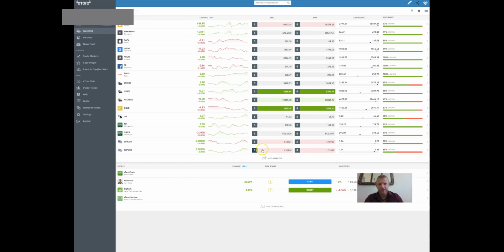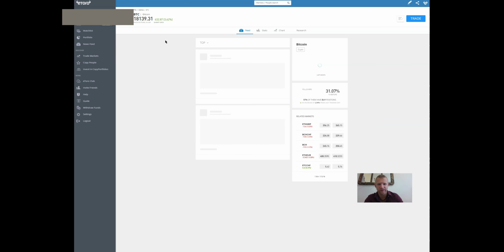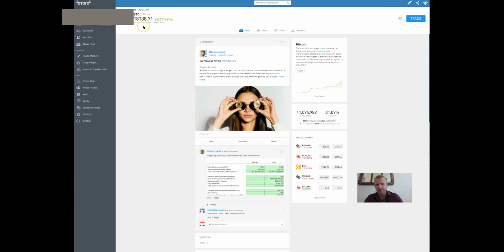All right, then once you're logged into your eToro platform, you're just going to find your asset. We're going to take Bitcoin in this example because Bitcoin is really gaining popularity at the moment. It just broke almost through the previous highs.